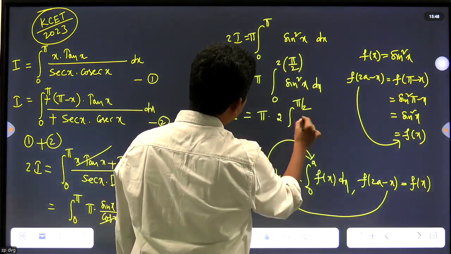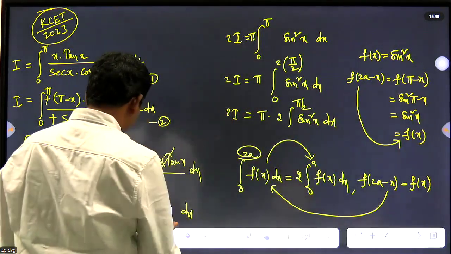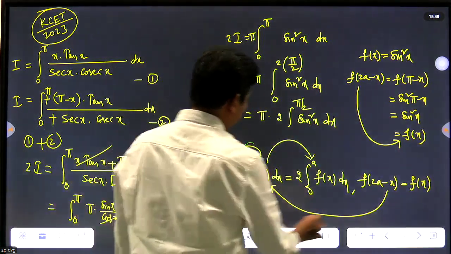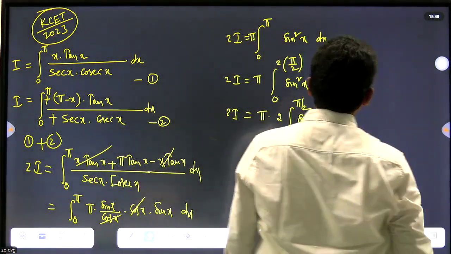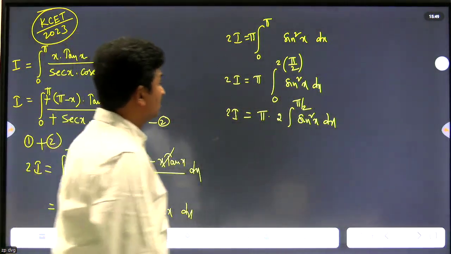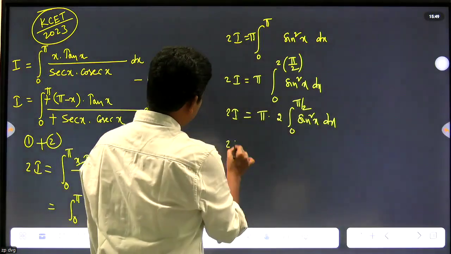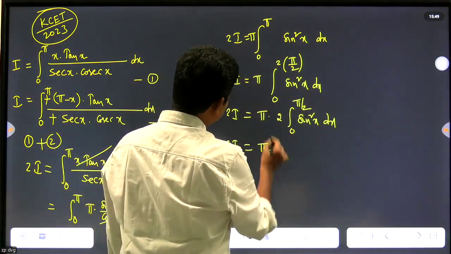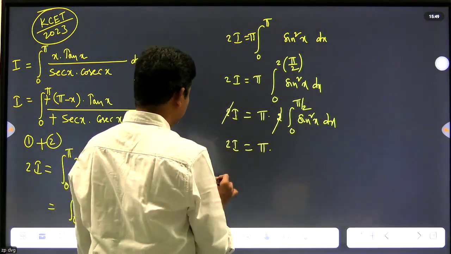Pi by 2, sin square x dx. Okay. 2I equal to pi into, there 2 will get cancelled. Now, why to carry this? We'll strike off this, right?